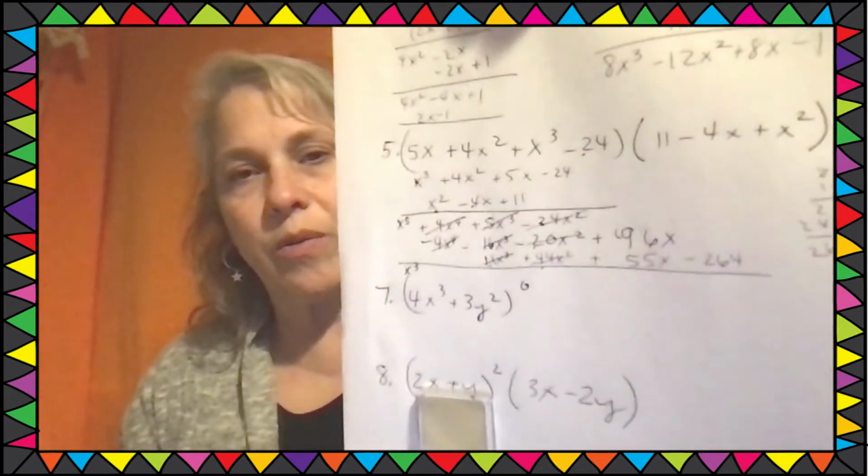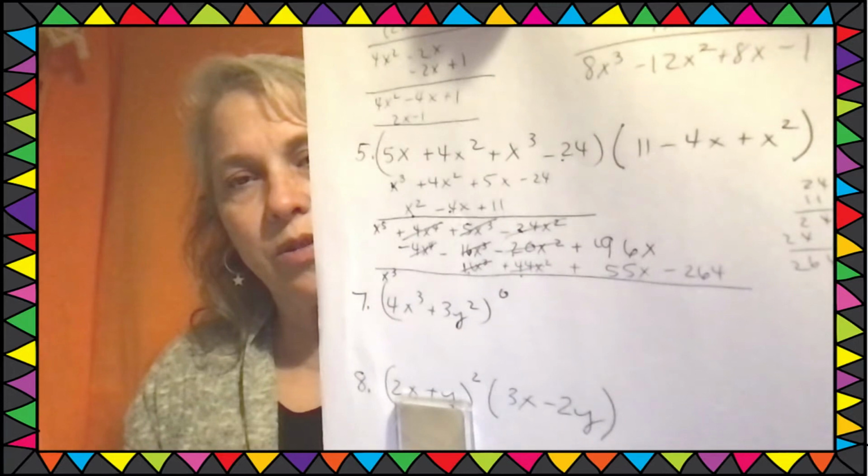So x cubed is alone. Positive plus negative 4x to the 4th cancels to 0. Negative 16 plus positive 16, because 11 plus 5 is 16. So all of those x cubed terms cancel out. Negative 24 plus negative 20 plus positive 44, all of the x squareds also cancel out.